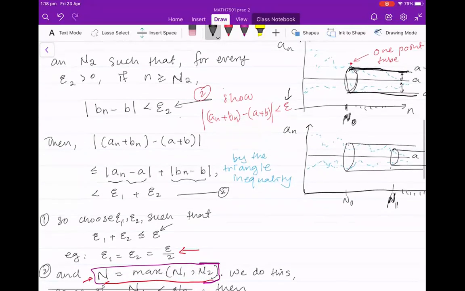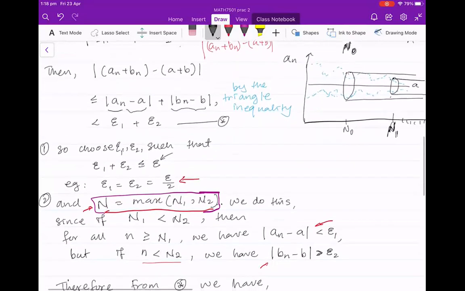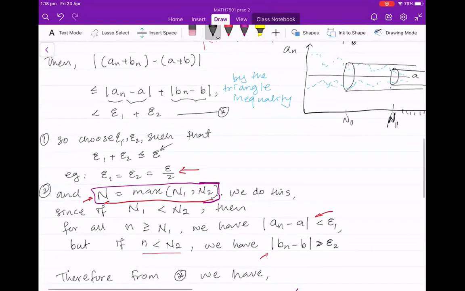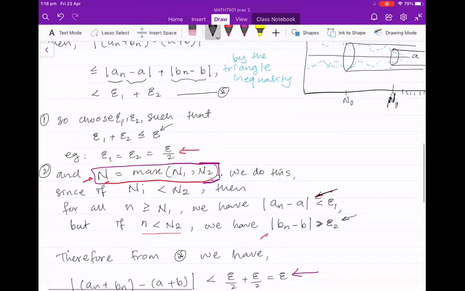And then you could choose n to be the maximum of n1 and n2. Why do we do this? Because if not, let's say n1 is less than n2, then you might have this true, but you don't have b_n minus b less than epsilon 2. So to avoid that, we use the maximum.